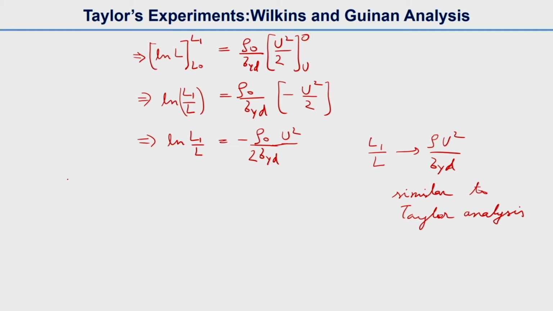Now Wilkins and Guinan have a correction on this. They observed the thickness of the plastically deformed zone. Plastically deformed zone means we have this rigid wall, and let's assume it as conical. The thickness is actually independent of velocity.